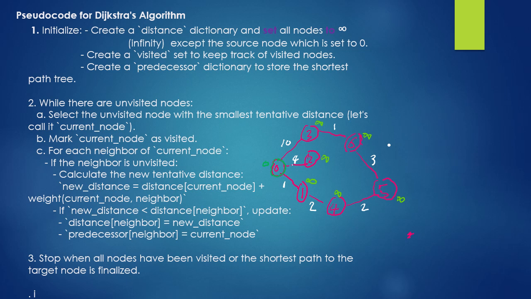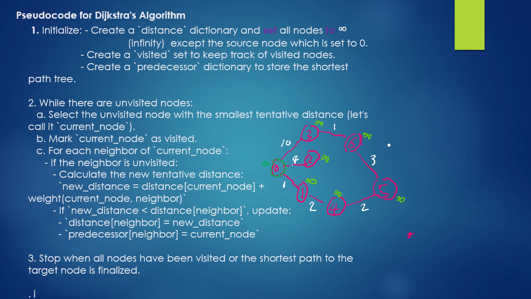When I visit, I then update the neighboring nodes by adding the link weight to the current distance. But when I update, I check whether they already have a shorter distance.